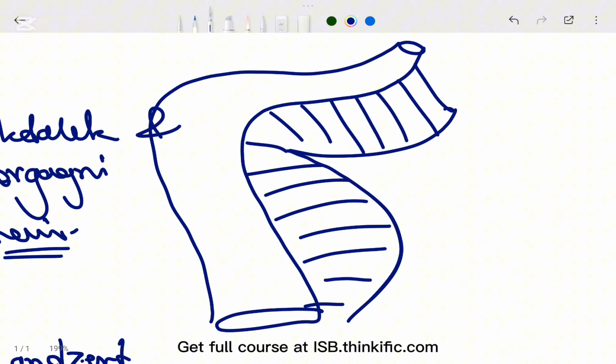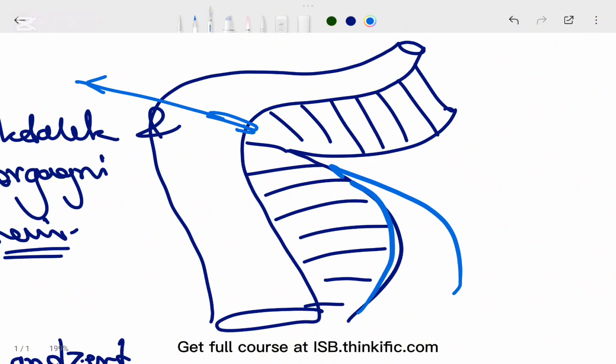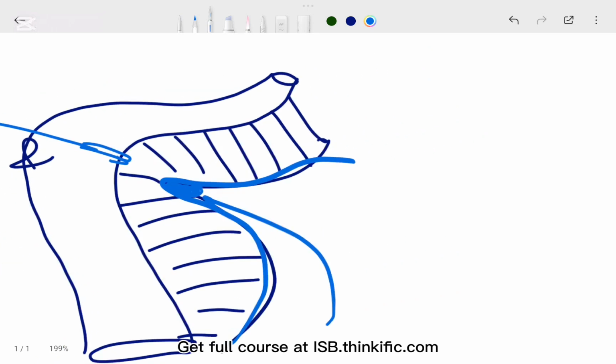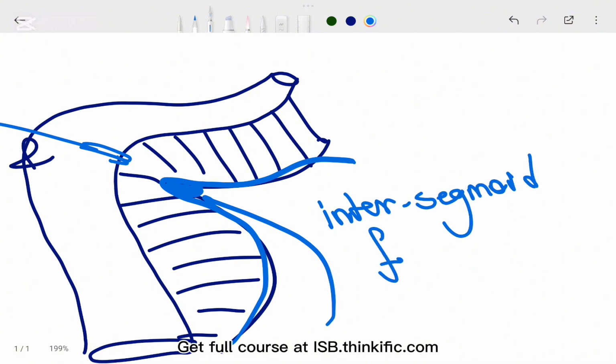Suppose we have a hook here and we reflect the sigmoid colon to this side to show the root and apex of it. The apex is a pocket, as you can see. So the apex of the sigmoid mesocolon can be a site for internal herniation. This fossa is called the intersigmoid fossa.